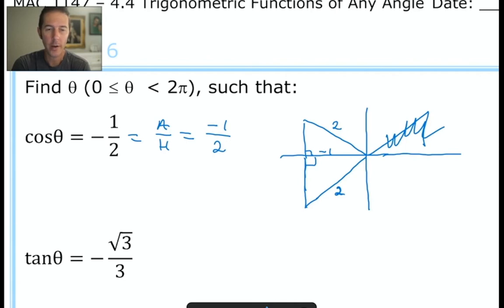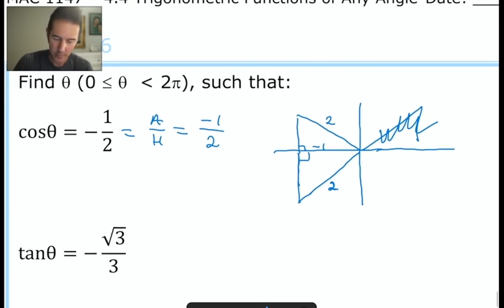And we know that the 1 is always opposite the smaller angle, which means that this side, which now that you know it's a 30, 60, 90 triangle, is most certainly the square root of 3, that must be across from the larger angle inside of our triangle, which means that this angle right here must be the 60-degree angle. In other words, pi over 3 radians, which means that this angle must be 2 pi over 3 radians.